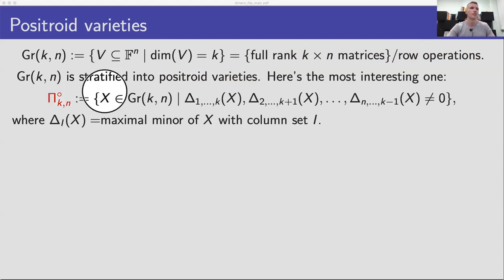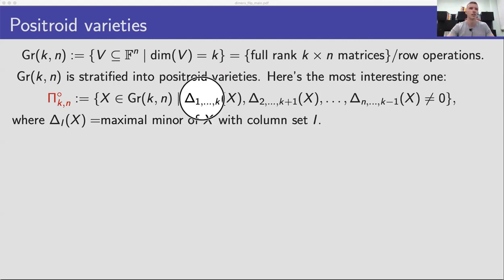And the way it's defined is you take the subset of the Grassmannian where, instead of taking all possible matrices, I'm going to only take those for which any k cyclically consecutive columns form a basis. So here by delta I denote the Plücker coordinate. So it's the maximal minor of my matrix with a given column set.